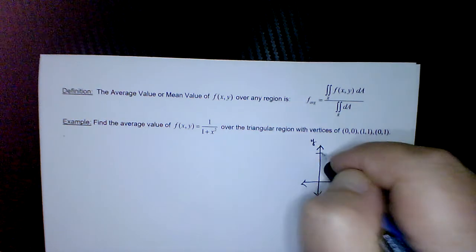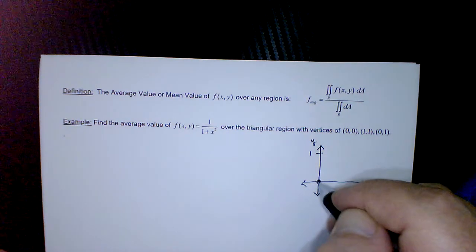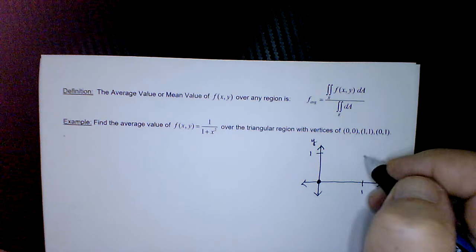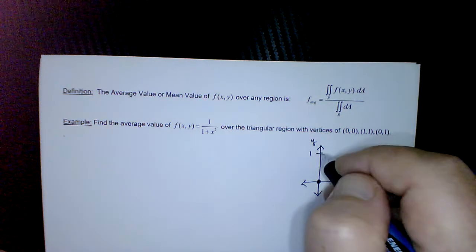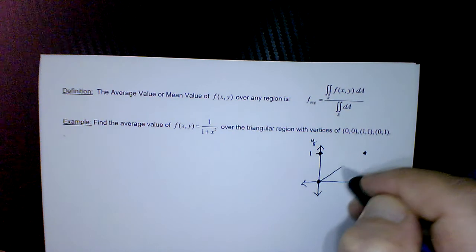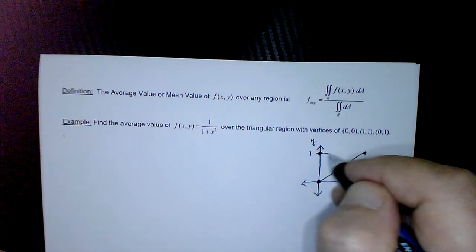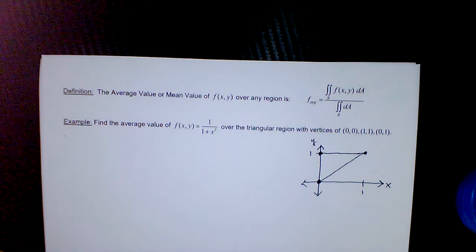Label some 1s here, and we've got 0, 0 is a point, 1, 1 is a point, and 0, 1 is a point. So it looks like this would be the triangular region we're looking for.